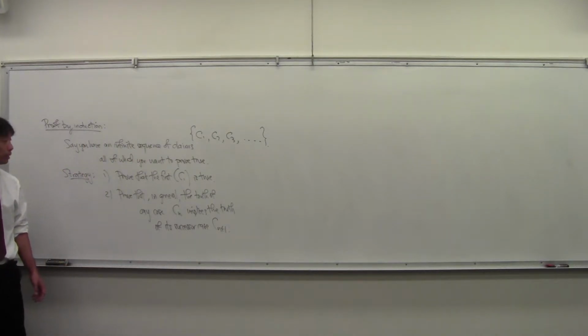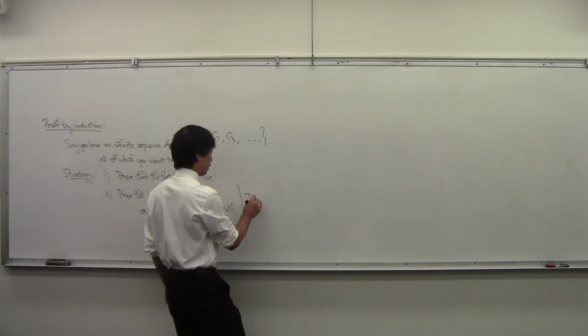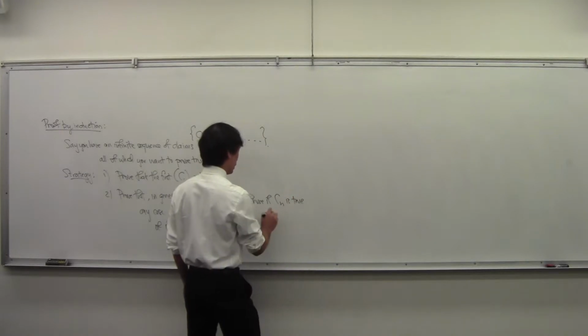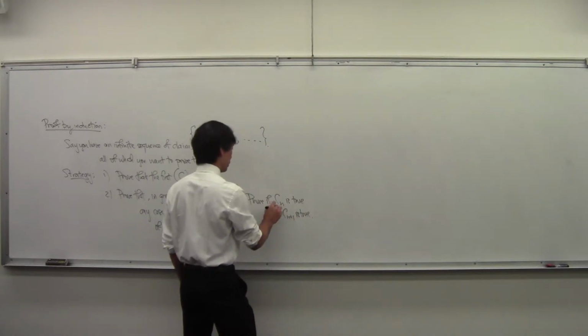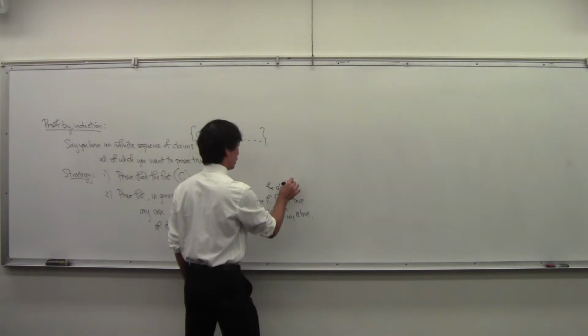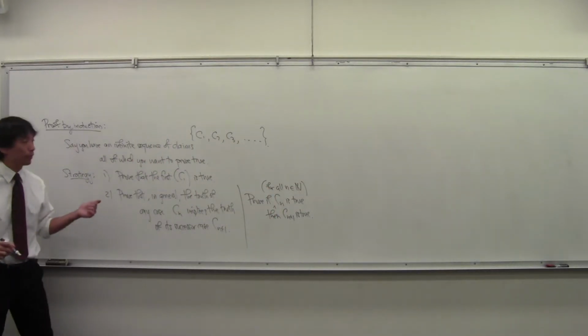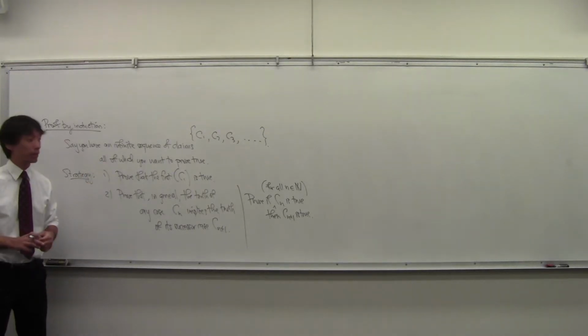That is, prove that if Cn is true, then Cn plus 1 is true, for all n. Prove that for whatever n you choose, if that n is true, then the next case is also true.